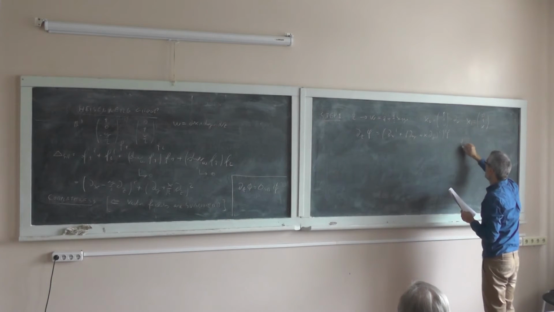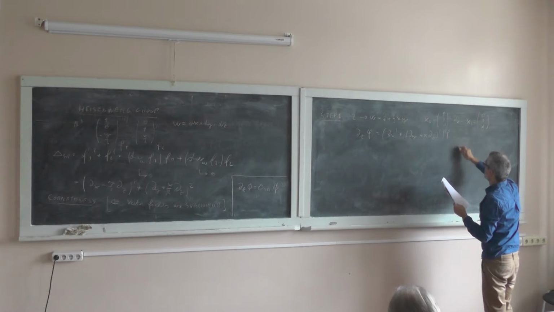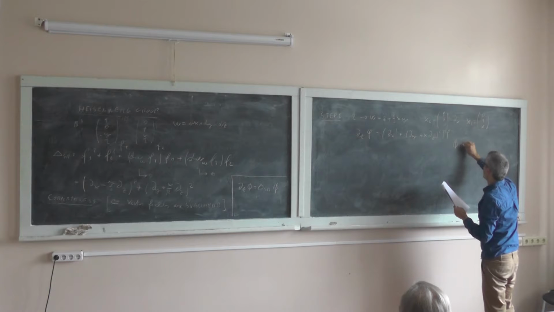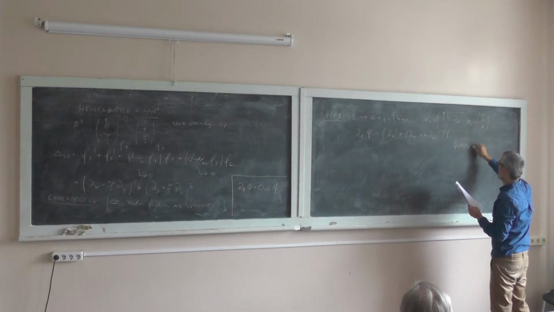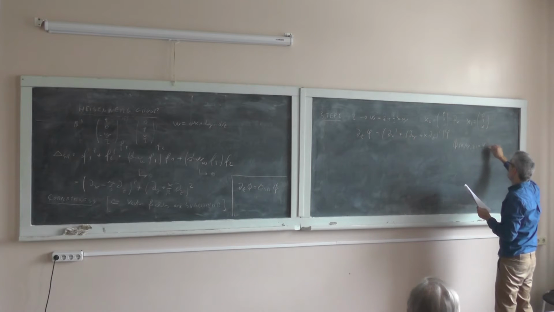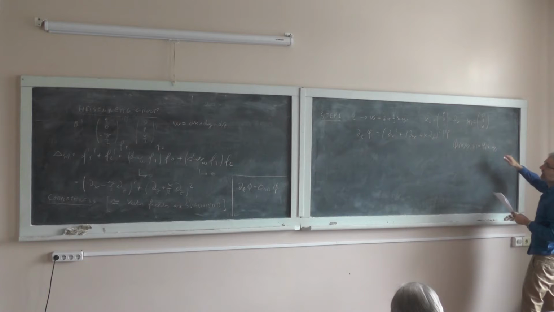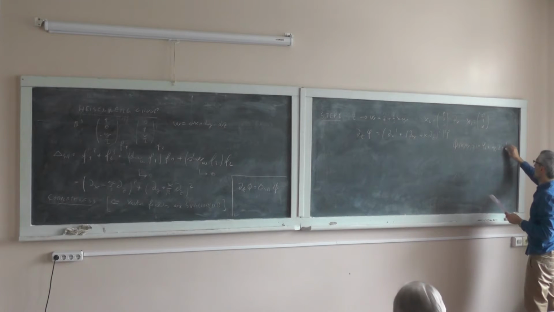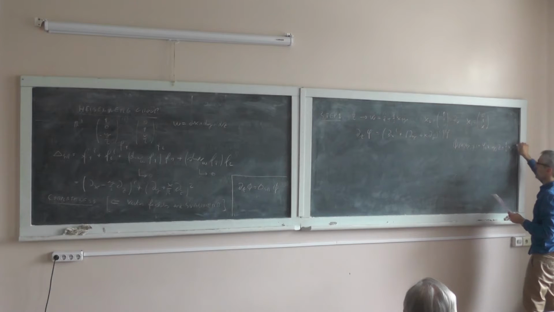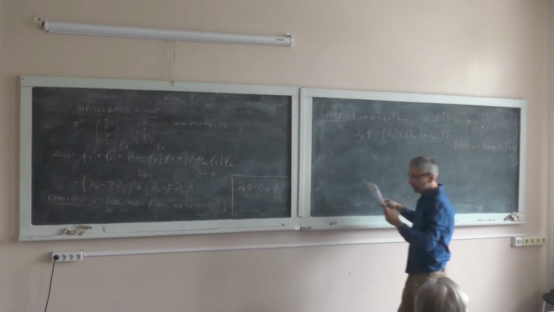And now the old capital Phi, which was a function of x, y, and z, will be phi of x, y, and small phi of w, that is z plus 1/2 xy. This will be used then to come back. So well, now step 2.